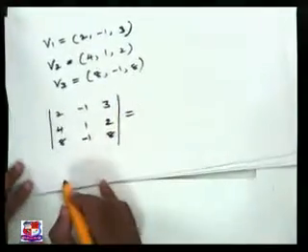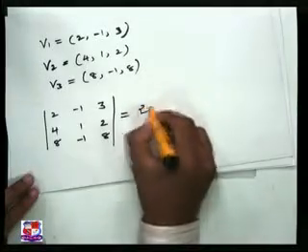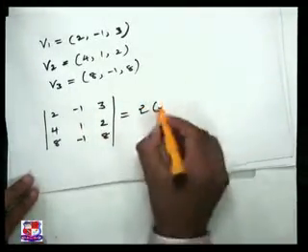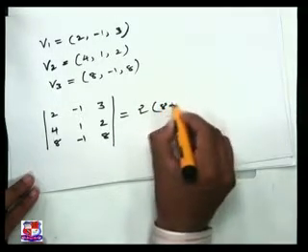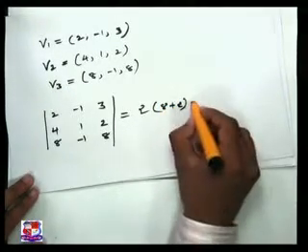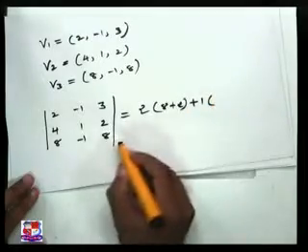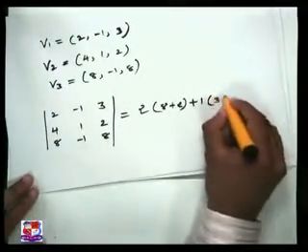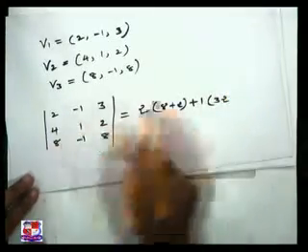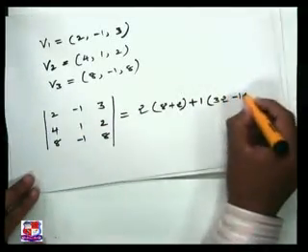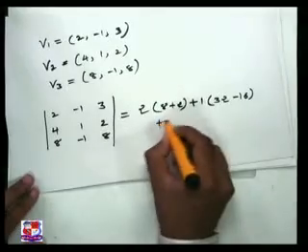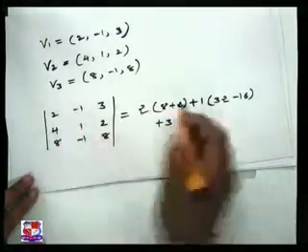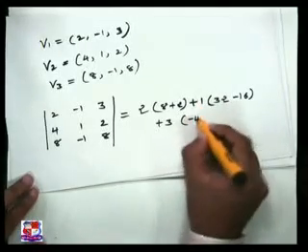You can check the determinant, that is 2 into 8 plus 2, plus 1 into 32 minus 16, plus 3 into minus 4 minus 8.